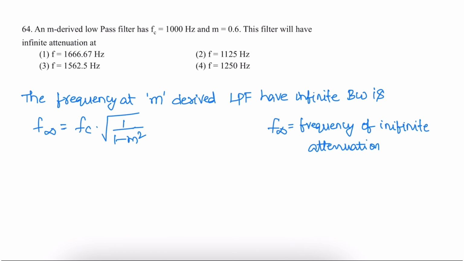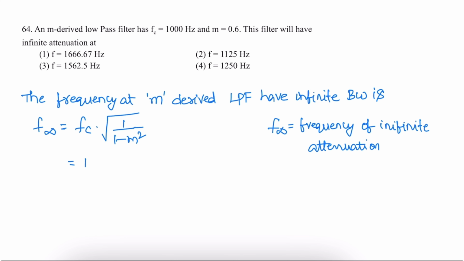Next question. An M derived low pass filter has cutoff frequency of 1000 Hz and m is equal to 0.6, then the filter will have infinite attenuation at the frequency of? For an M derived low pass filter, f infinity is equal to fc, the cutoff frequency, times square root of 1 by 1 minus m square, where f infinity is the frequency of infinite attenuation.